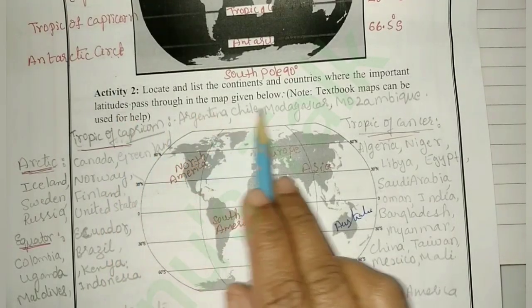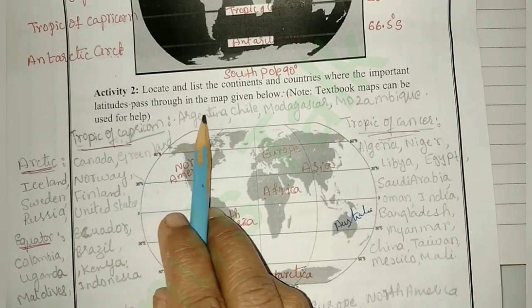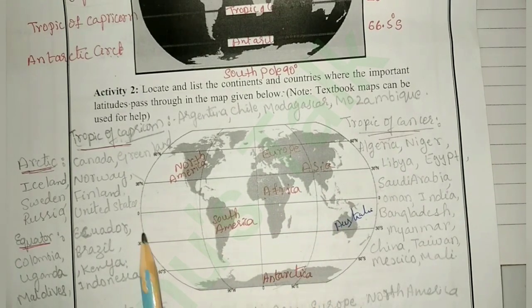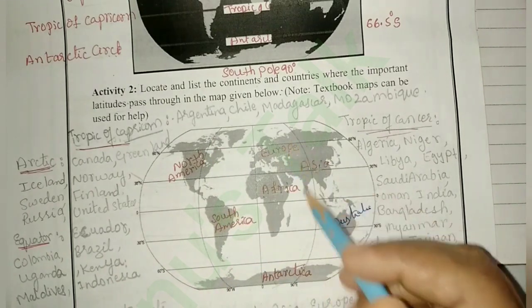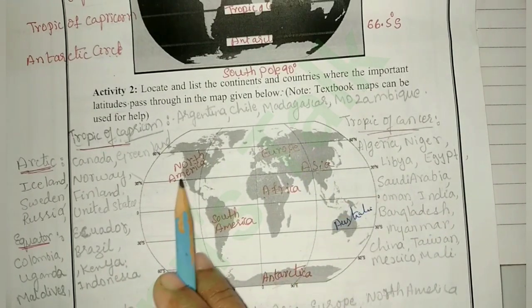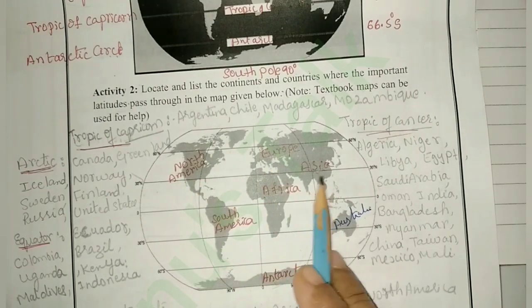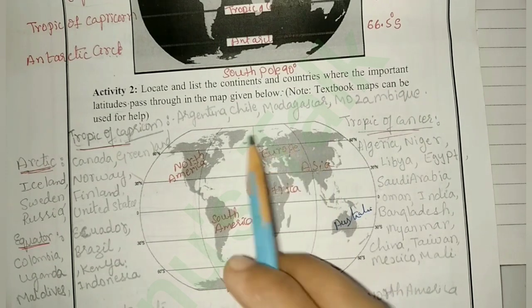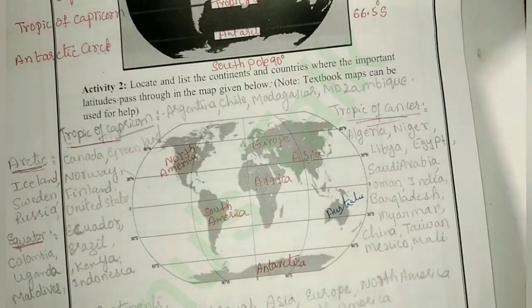Activity 2, locate and list the continents and countries where the important latitudes pass through in the map. So now you know that imaginary lines, all these horizontal lines are latitudes and vertical lines are longitudes, right? So we have to locate the continents. And North America, this is Europe, Asia, Africa, Australia, South America, Antarctica. Now we have to write the continents and the countries the important latitudes pass through.